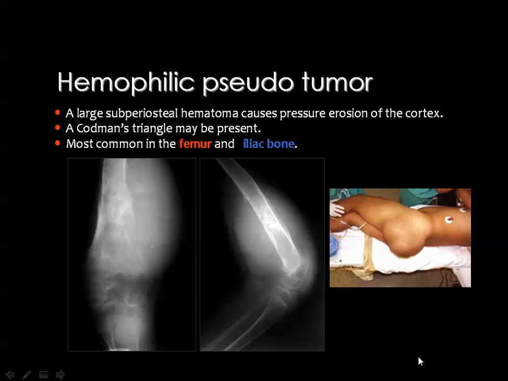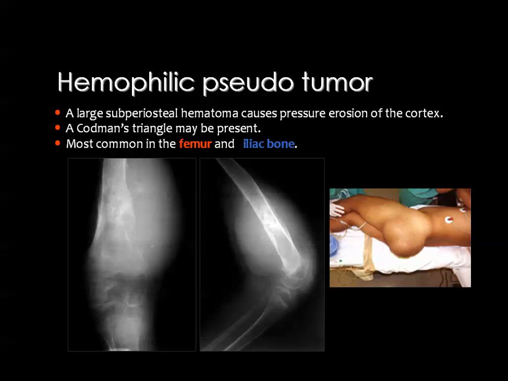There are two main common sites for hemophilic pseudotumor. These are the femur and the iliac bone. And if you look here, you see a huge mass which by pressure erodes the underlying bone, results in some periosteal reaction, and you can even see what's known as the Codman triangle, which is a manifestation of osteosarcoma.